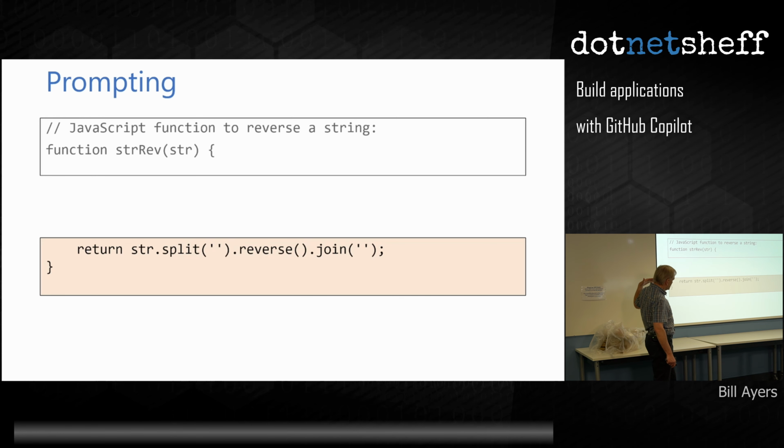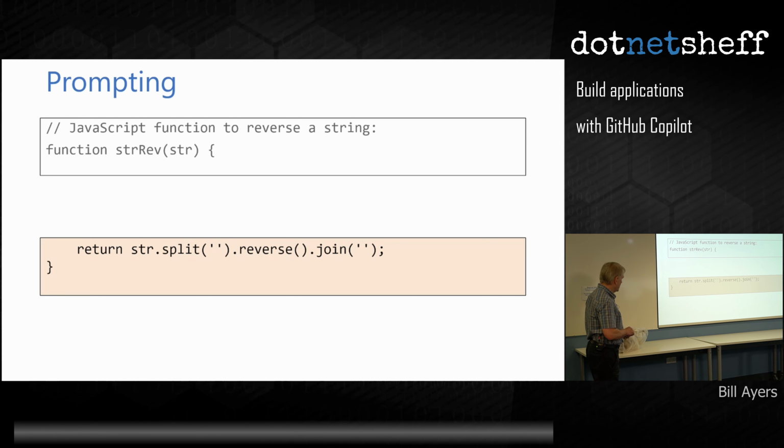You can give it a string of text, say "it was a dark and stormy night," and it will go on and make a whole novel starting from "it was a dark and stormy night." And if you say "JavaScript function to reverse a string, function string reverse, open curly brace," there's a good chance that it will return something like a function that will reverse the string in JavaScript.